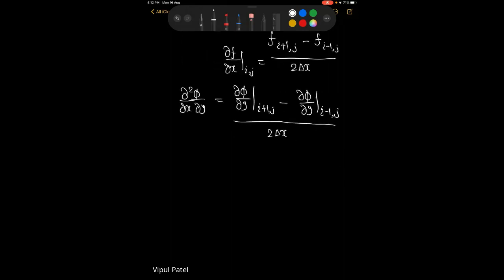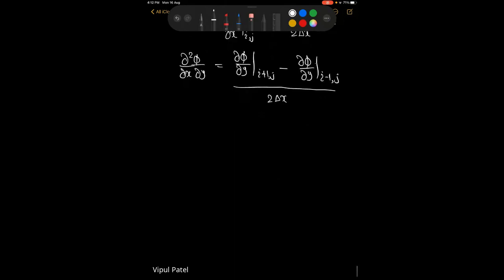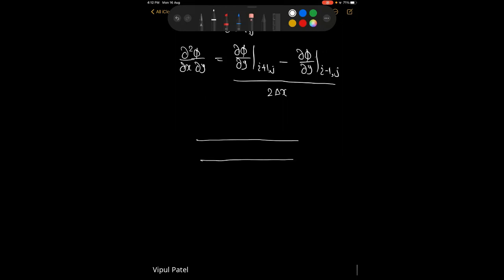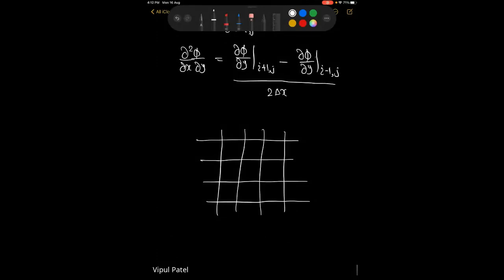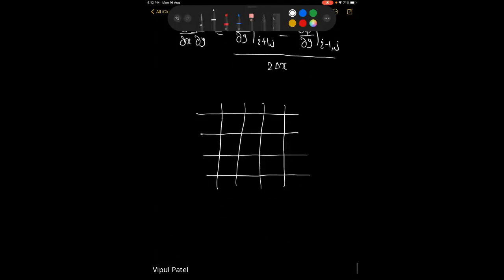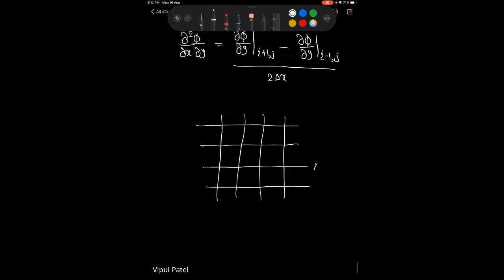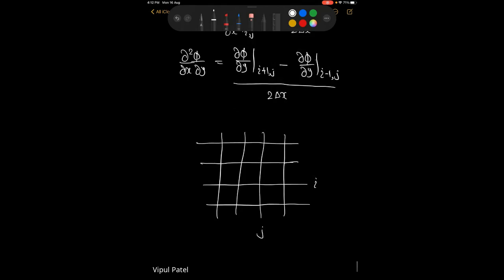So let us try to understand all this in a grid spacing. Let's suppose we have this many grids, and let's suppose this is some node I, and this is some node j.